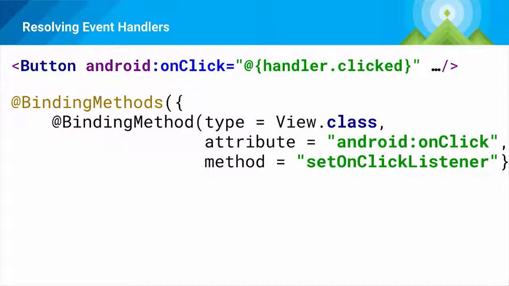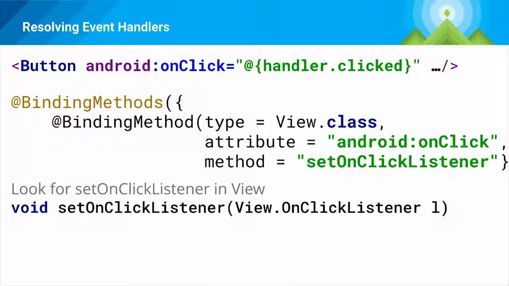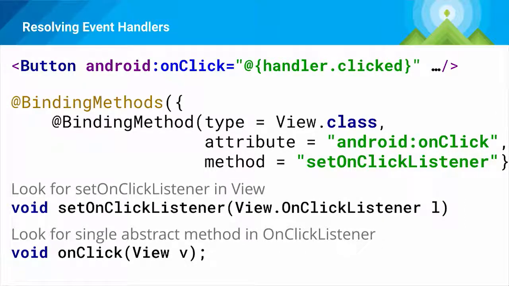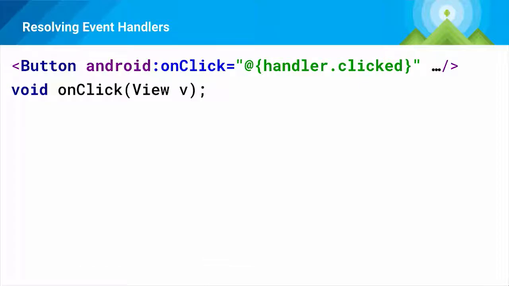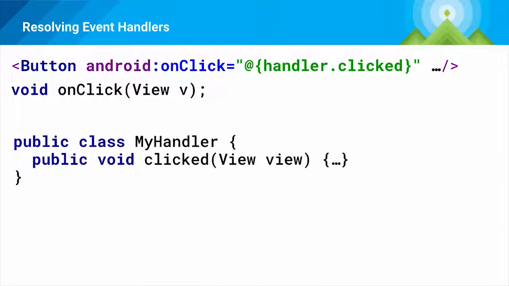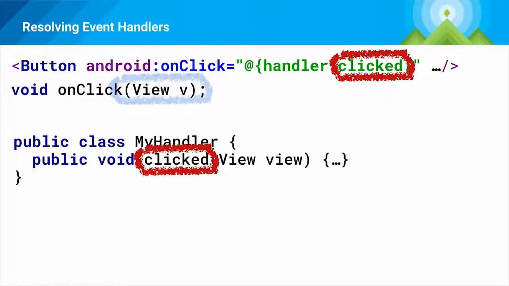Then we look for the handler.clicked that matches that one method. Going into detail, the handler.click method receives a view, and this matches. So we create the interface for you so that Java is happy, and then we tunnel those calls to your handler. So you can see everything is matching. It just works.